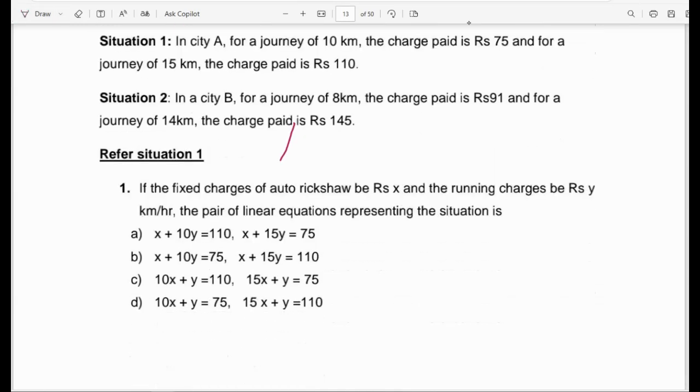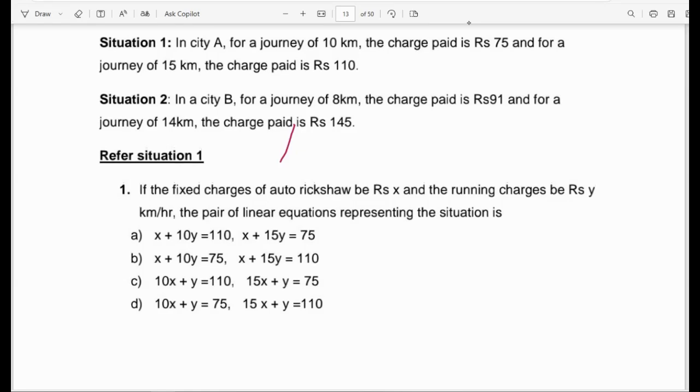Okay. So now, according to this, refer to situation 1. We have to see situation 1 and write the answer. If the fixed charge of the auto rickshaw be x and running charge be y per kilometer, the pair of linear equations representing the situation is. So the first one is x plus 10y is 75.